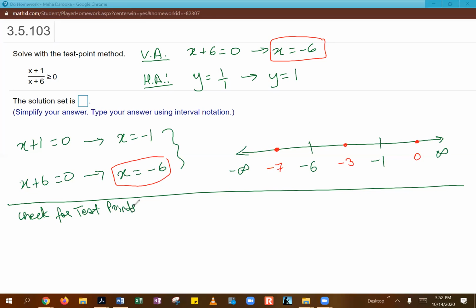We'll start with the one on the left. So x equals -7. So in our function, that will be (-7 plus 1) over (-7 plus 6). What kind of answer will you get when you simplify this?